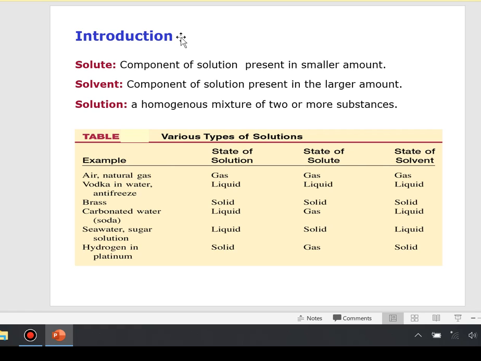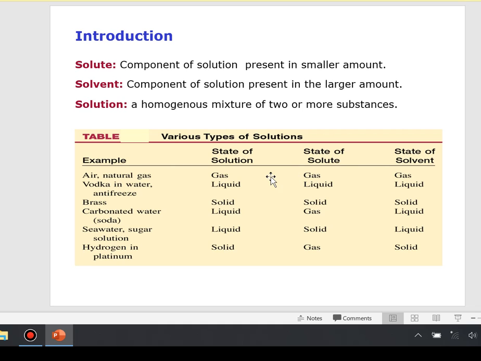Solute is that component which is present in a smaller amount, and the solvent is the component which is present in a larger amount. There are various types of solutions in which solute and solvent have different phases.